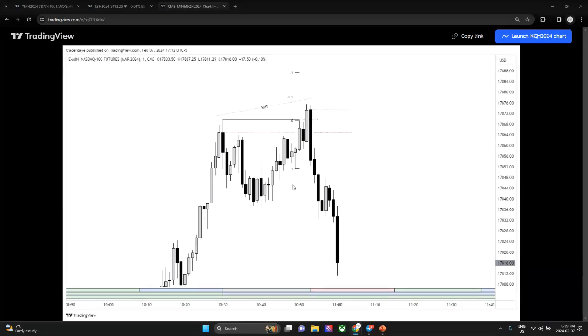Wow, amazing, right? So this functions the same way as how the SMT between Q3 and Q4 would, or should. So when price pushed above here, there's even more things in regards to time.